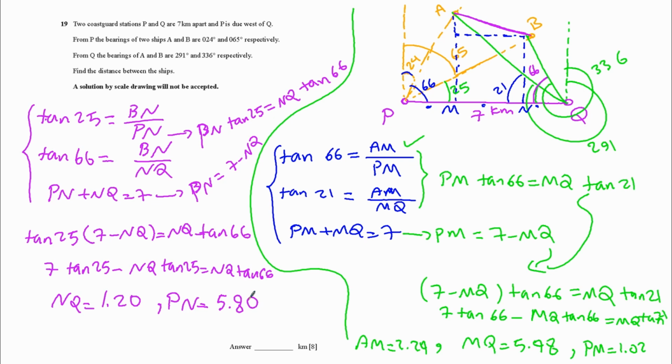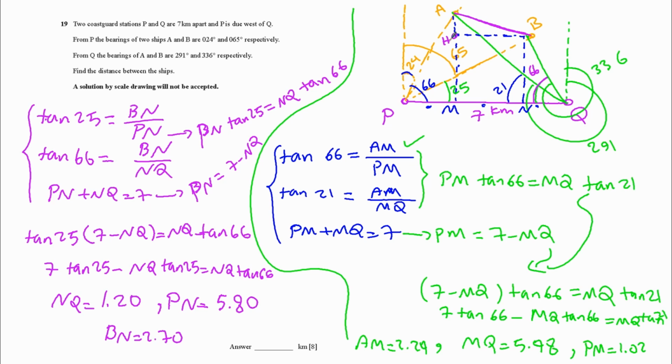So I come back in here. I'm going to call this point in here point H. I know that my Pn is equal to 5.80, and I know that Pm equals 1.02.